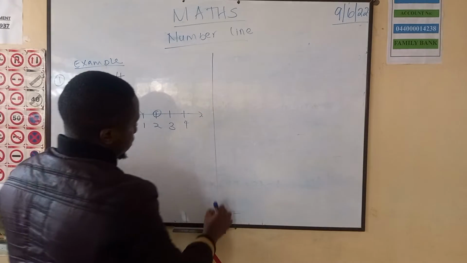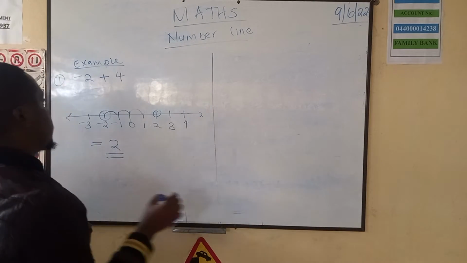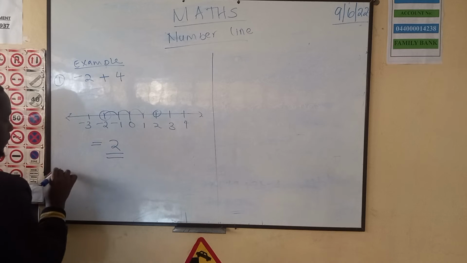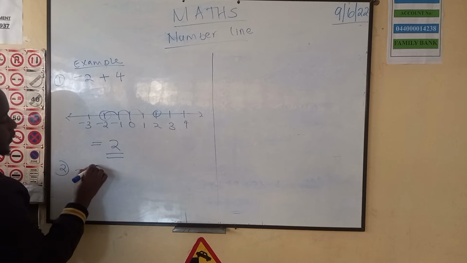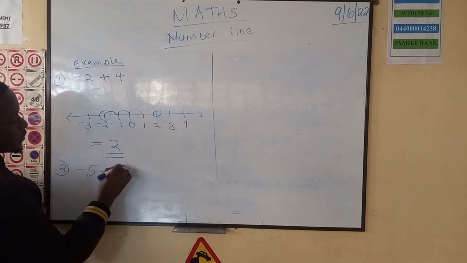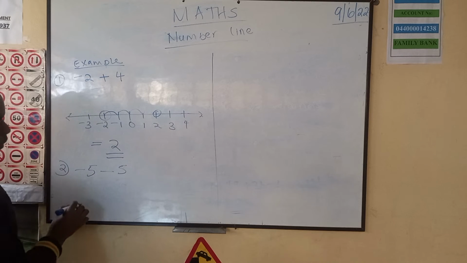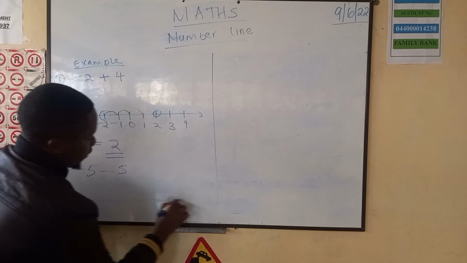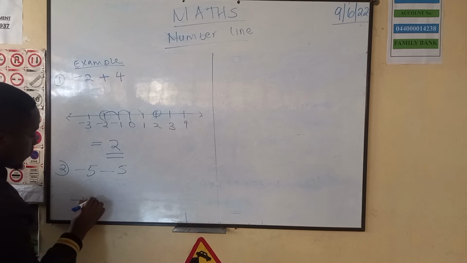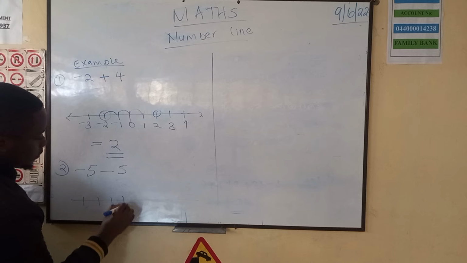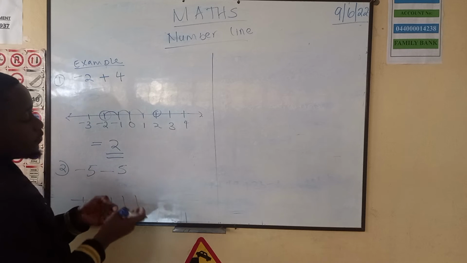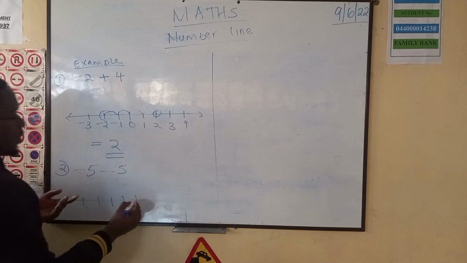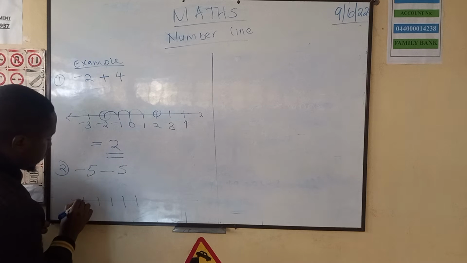We can do another. -5 minus 5. Let's still have our number line. Since we are dealing mostly with negatives, there's no need of putting positives to a large extent.